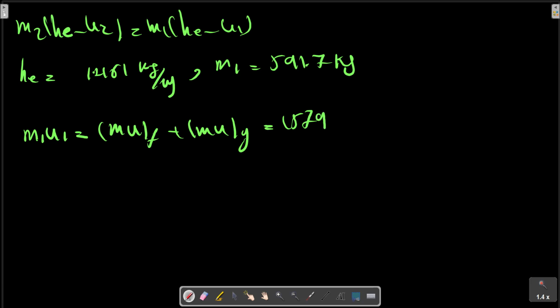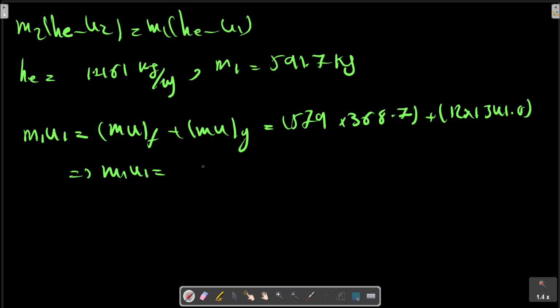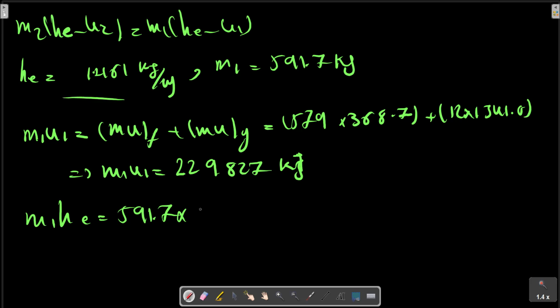We calculated these quantities before and extracted for the vf as uf1, multiply uf, multiply to m1 u1 is equals to the kilojoule. m1 h_e multiply to h_e, kilojoule.